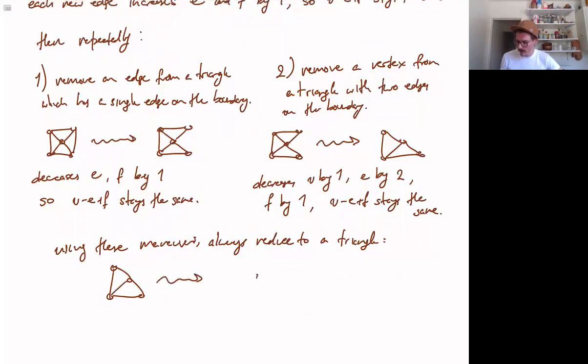And what we get is a triangle. Now, vertices minus edges plus faces for a triangle, since we've reduced it to a specific case, we can just compute it out. It has 3 vertices, 3 edges, and 2 faces, which is 2.